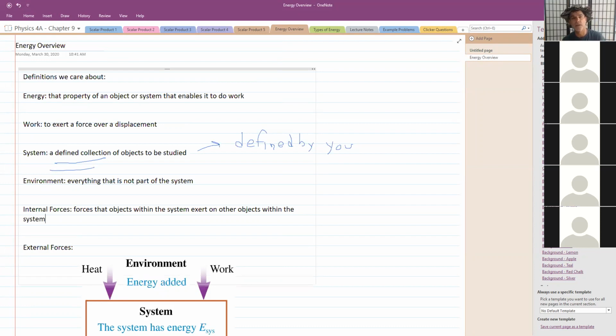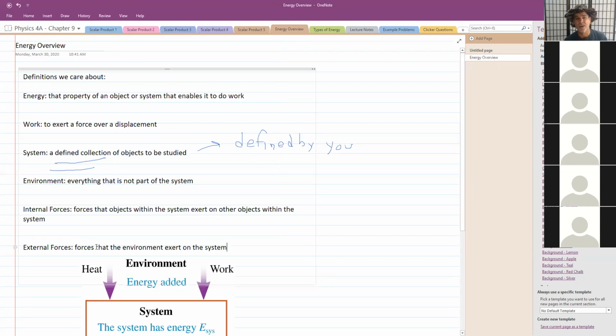So once you define your system, any forces that objects in the system exert on other objects in the system are internal forces. On the other hand, external forces are forces that the environment exert on the system.